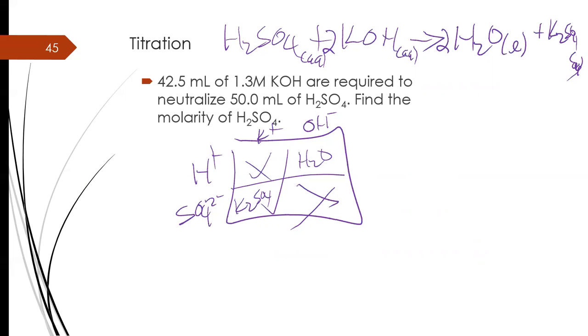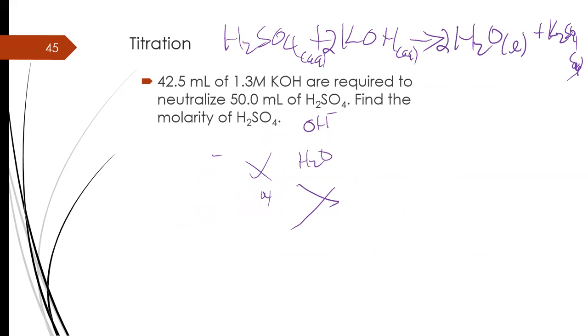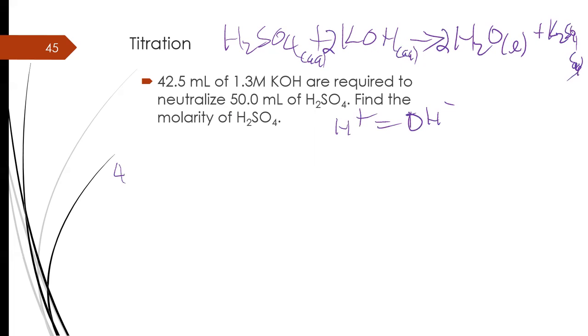Just like we were doing with predicting our reactions, right? So now that we have that, we can start to do the next part. We are looking for the equivalence point, so we are looking for when our H plus is equal to our hydroxide. If we have 42.5 milliliters of KOH, we're going to try to get that to our hydroxide.